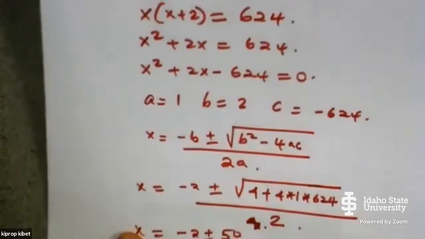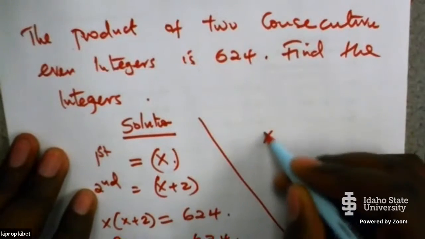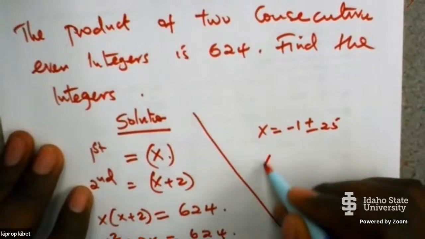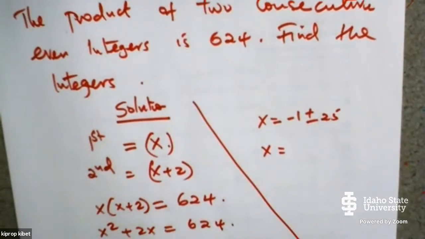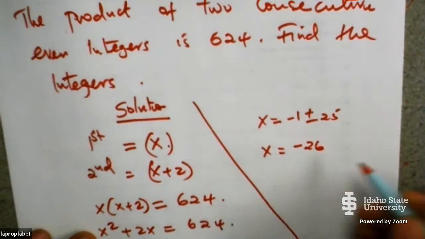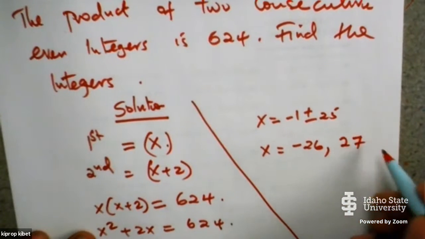That means x equals minus 1 minus 25, which is minus 26, and the other one is 24.